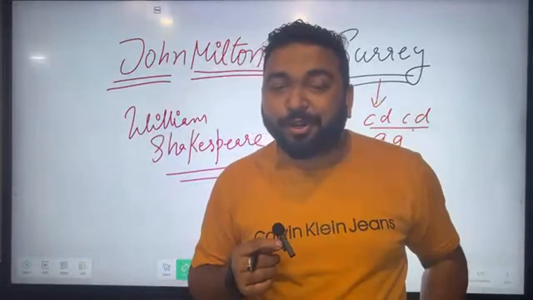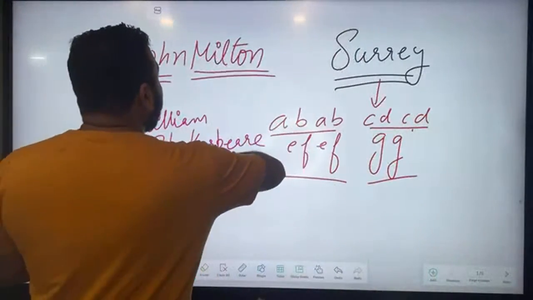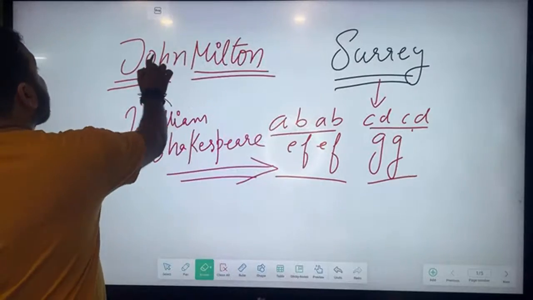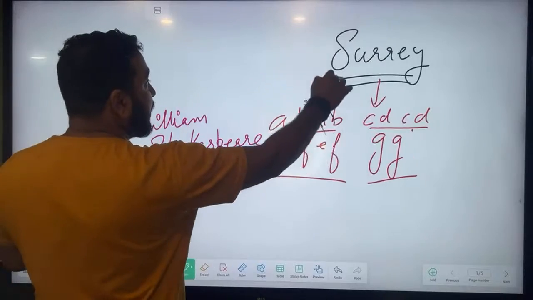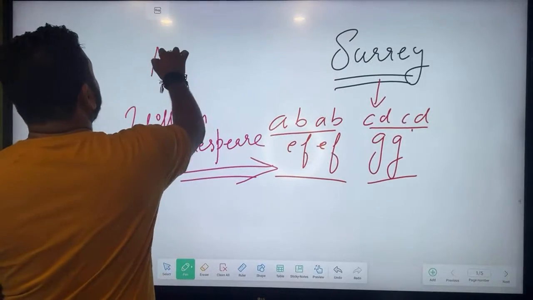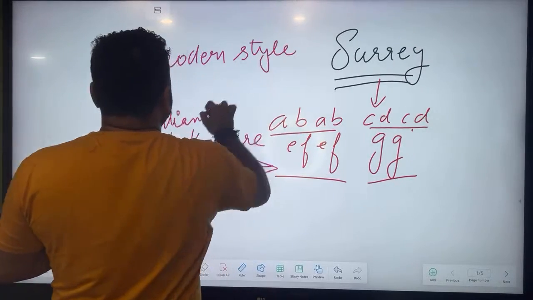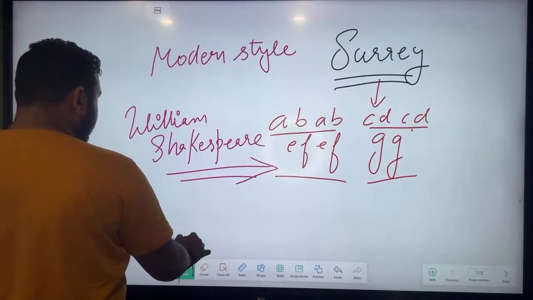Leo Tolstoy. Leo Tolstoy didn't like Shakespeare. Point to be noted. Is it clear? Did you understand? Now, please remember this point that Milton used old style, but most of the writers dealt with modern style. So that was modern style sonnet. This sonnet, William Shakespeare, this style, it is also called.